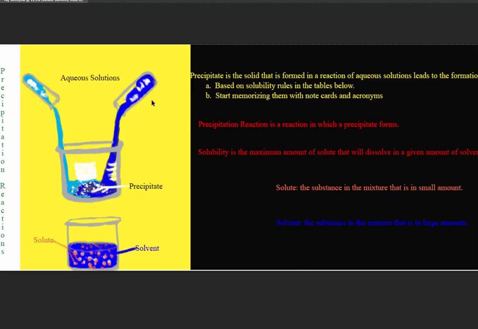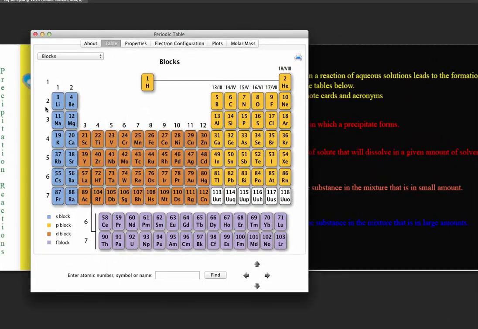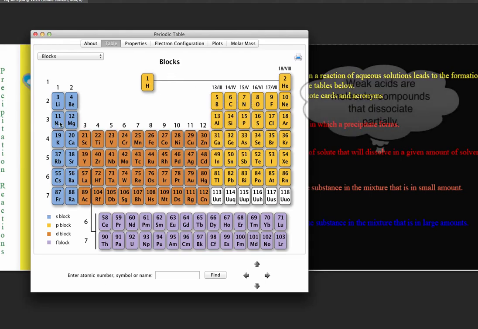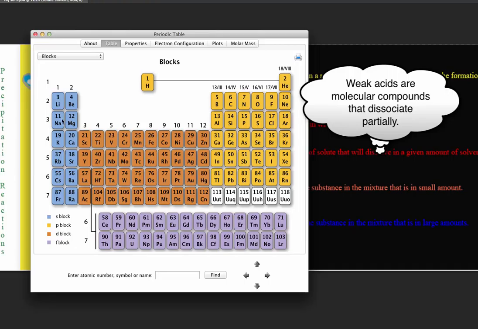So in aqueous solutions, when you have a solute placed in a solvent, it can ionize or dissociate depending on whether it's an ionic compound or a molecular compound. If you remember, elements that are metal and non-metal bonded together form ionic compounds, and when placed in water, they ionize, like sodium chloride, table salt. Or we could think of an acid.